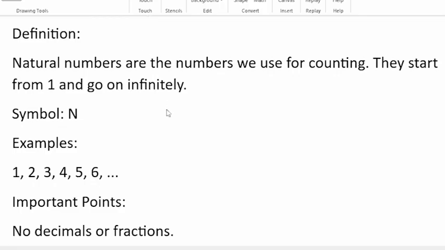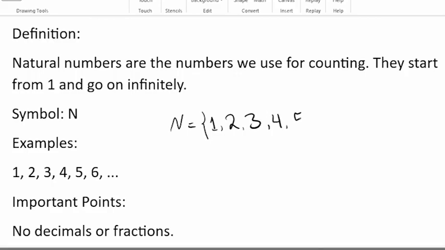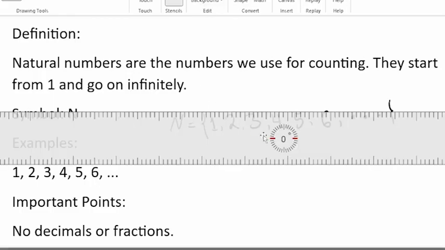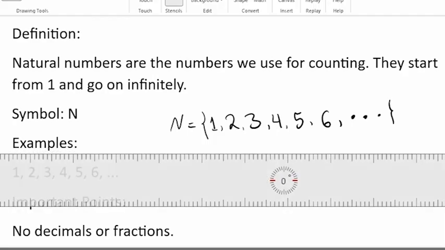For example, N equals, with the capital N, 1, 2, 3, 4, 5, 6, and so on. These types of numbers are called natural numbers. Also, we can show it on the number line. We draw a line here.